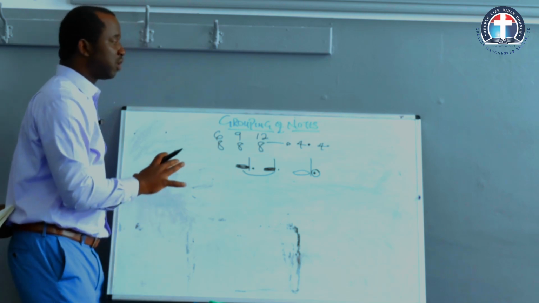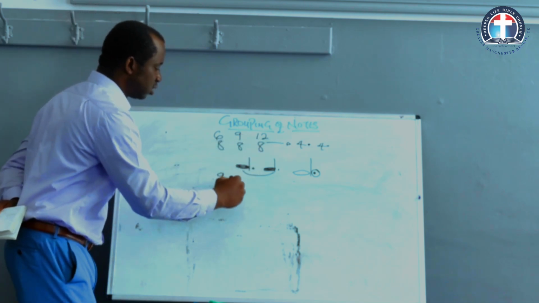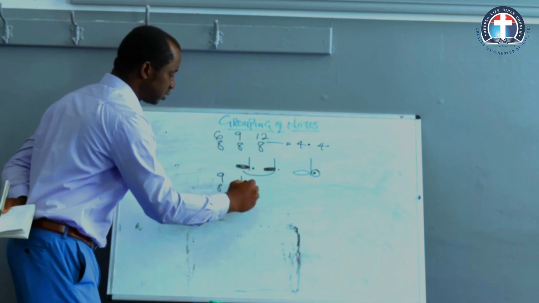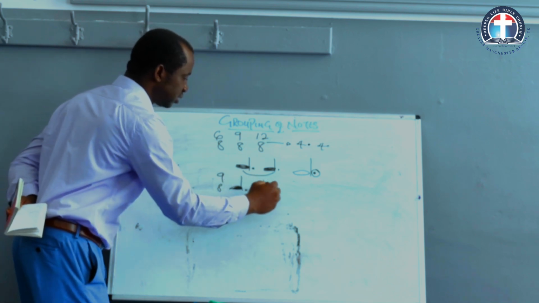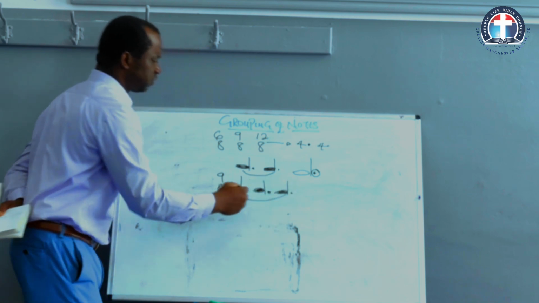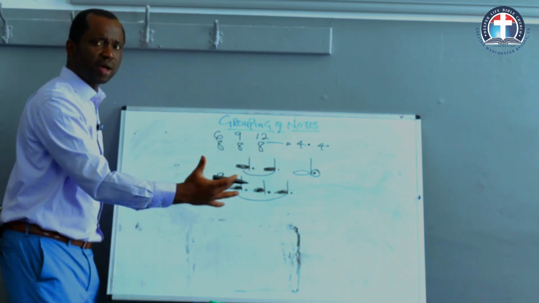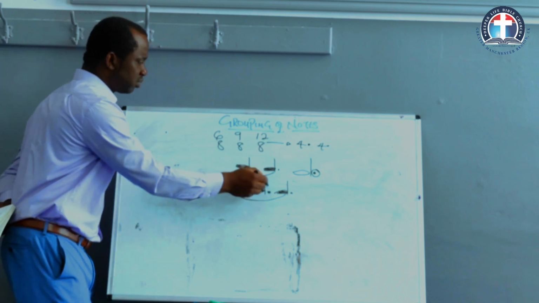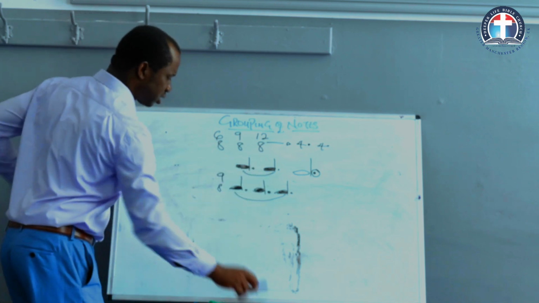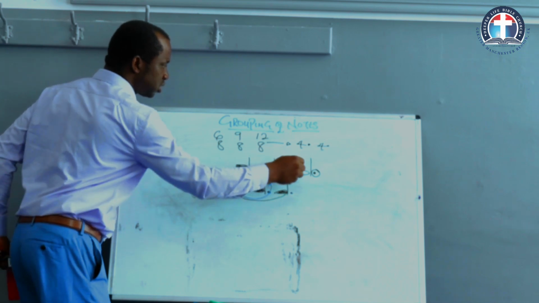So anytime you have, even if you have, let's say for example, in 9/8, you have this, you have this, you have this. Instead of having 4 dotted crochets like this, these are full beats, right? You can change these 2 to this.